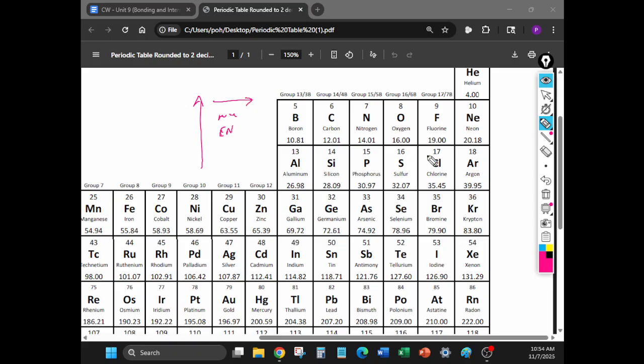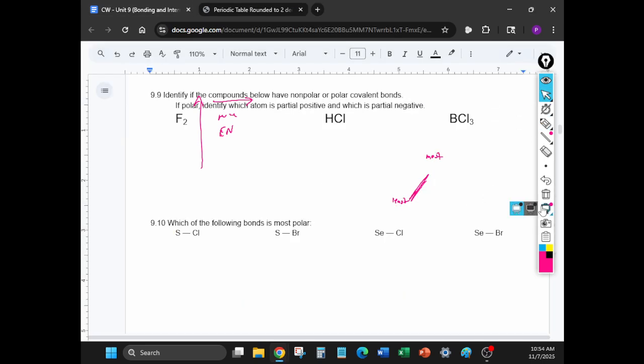Out of the four, which one is the least electronegative? Se. And so your answer will be the SeCl bond, and that's the reason why: the biggest electronegativity difference is going to result in the most polar bond. If you got that, great job. You're a genius.